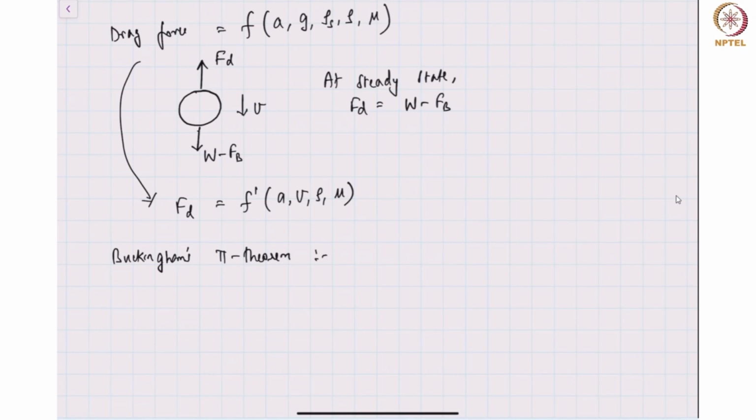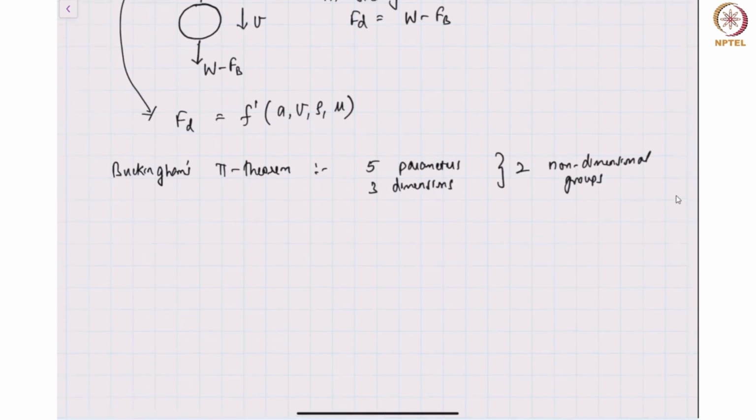Now, if you use Buckingham pi theorem, there are 5 parameters here, right, and 3 dimensions, and therefore I get 2 non-dimensional groups. Here 3 dimensions are mass, length, and time.